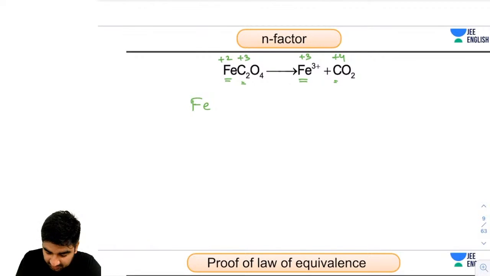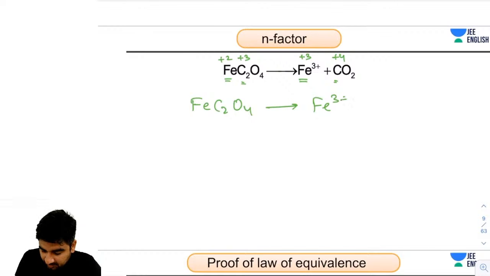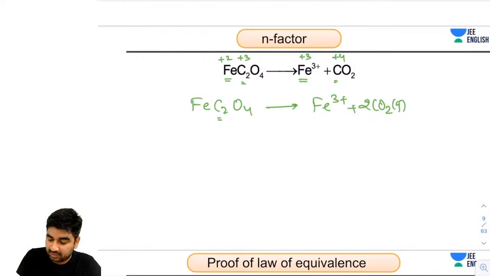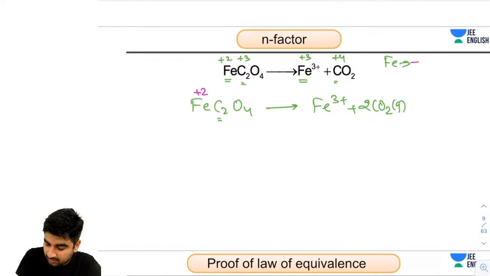So I will write Fe3+ and then we have this 2CO2, right? So here I will write Fe is moving from +2 to +3 and carbon, here we have oxidation state of carbon, that is +3.